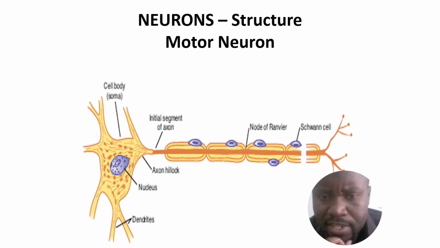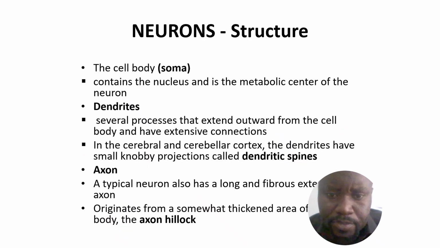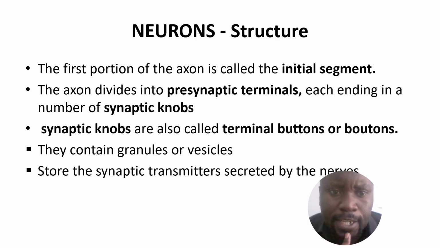This provides the means by which saltatory conduction is produced by nerves. So we talked about that in terms of structure. There are all these structures that perform different functions in the neuron.